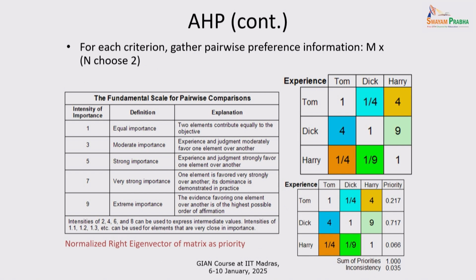The first thing you do is look into each of these solutions, in this case Tom, Dick or Harry, with respect to every criterion independently. So I'm looking first at the experience criterion, and I'm comparing these 3 people, 3 solutions, with respect to that. When I'm doing this, I'm not going to think of age, their education, or any other criteria that I have in mind.